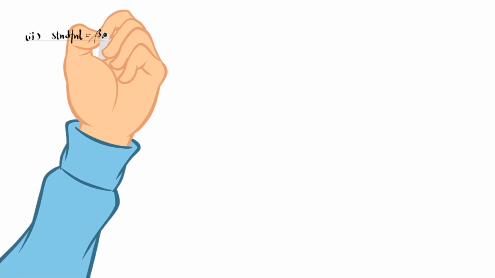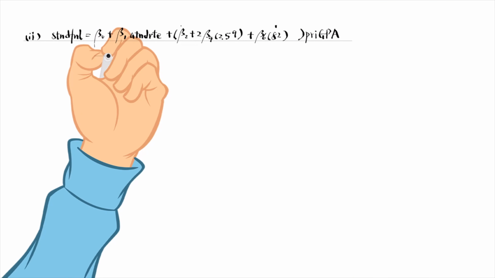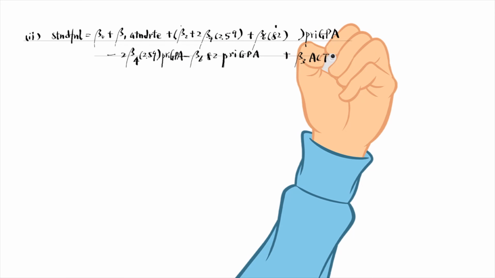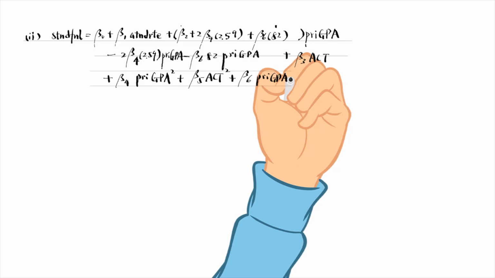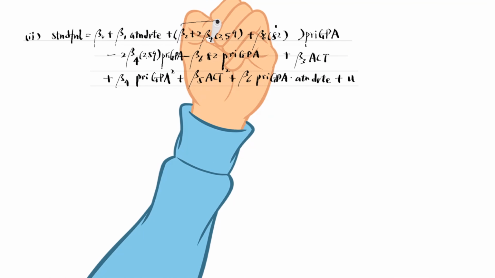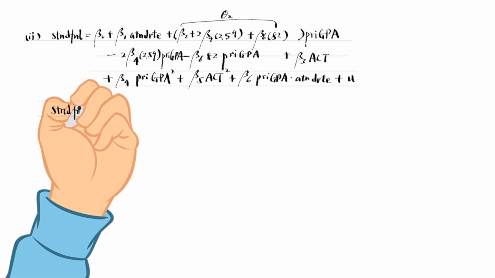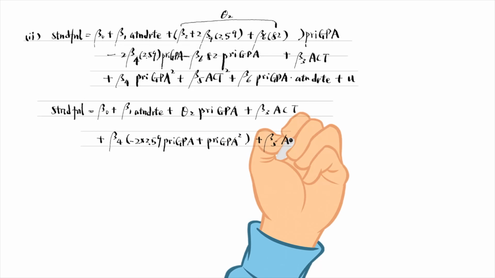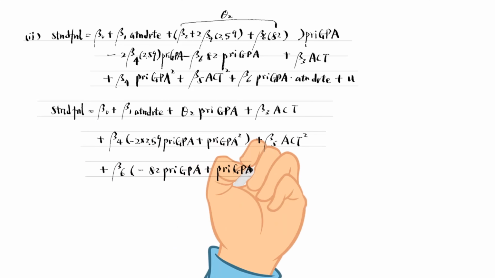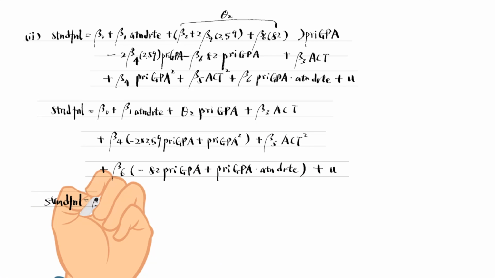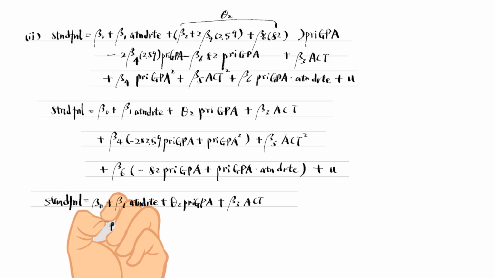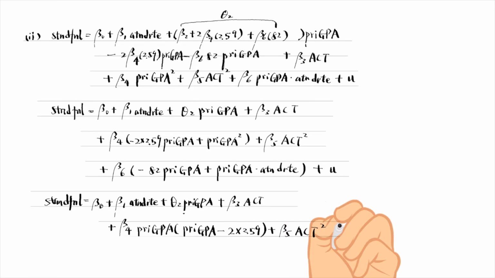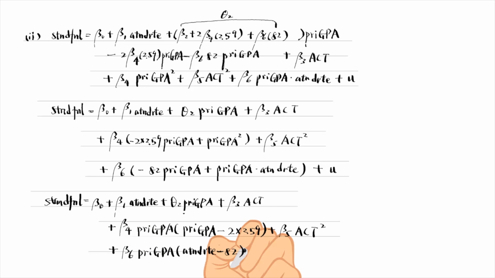In part 2, we rearrange the parameters and construct a new parameter, theta 2. We generate two new variables, x1 and x2.